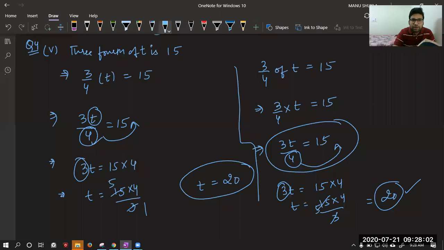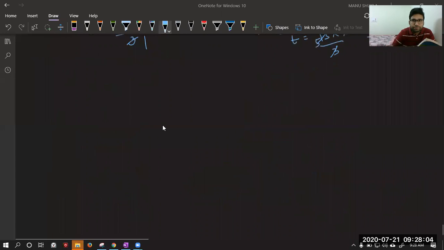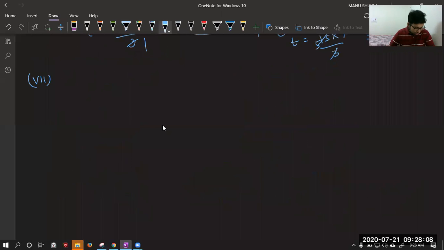Now let's take the 7th part. Sarvagya's doubt. 7th part is saying 1/4 of a number x, minus 4, is 4.